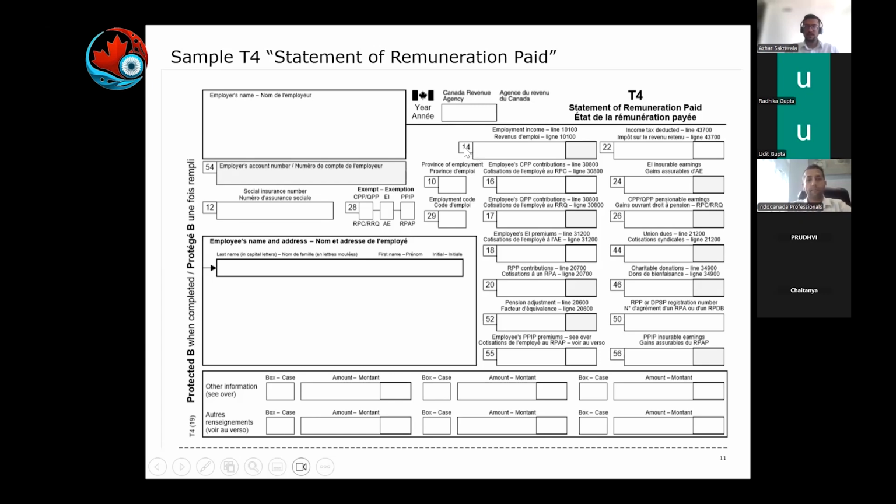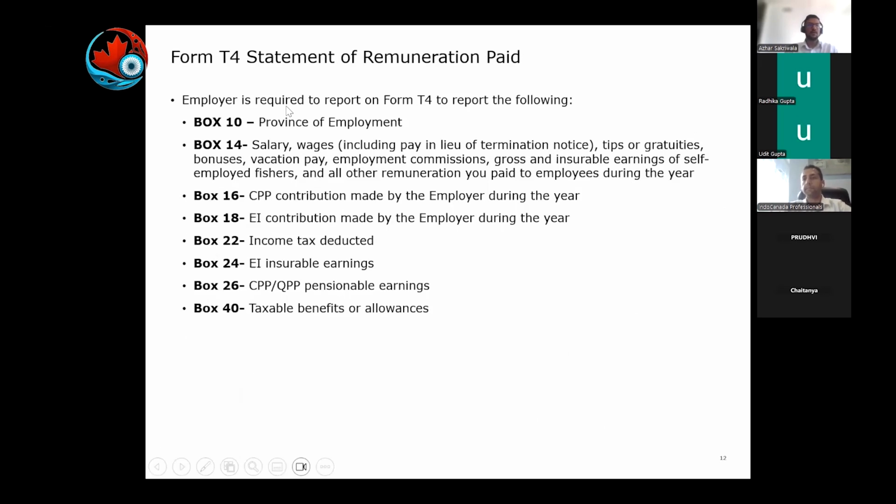So if something is mentioned in box 14, your online tax return tool will also have a similar box, and you just need to replicate this particular T4 into that return. Each box has an explanation of the kind of income or the kind of contributions that have been reported therein. So here you can see a list of the various boxes and the explanations to that.